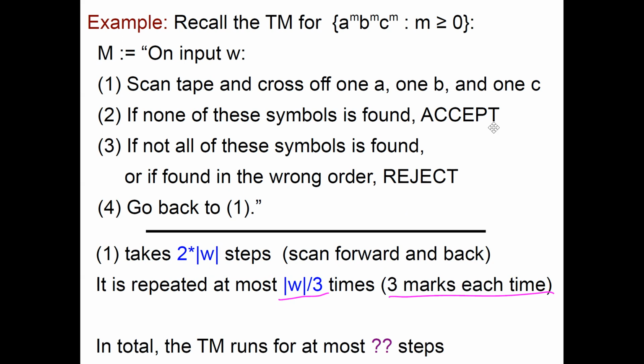So in total, the Turing machine runs for how many steps? Well, it would be at most 2|w| times |w|/3, which is, let's say, 2/3 times the length of w squared.